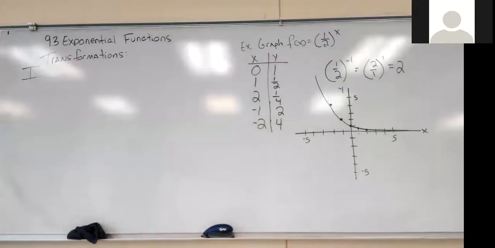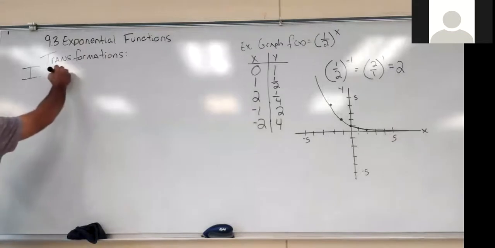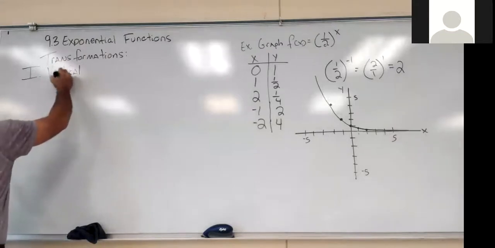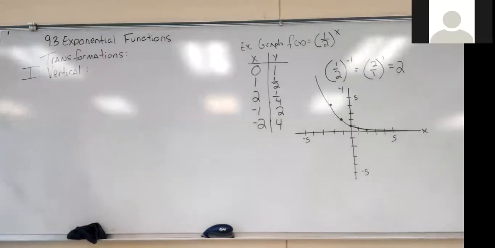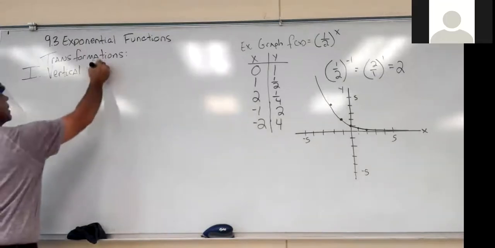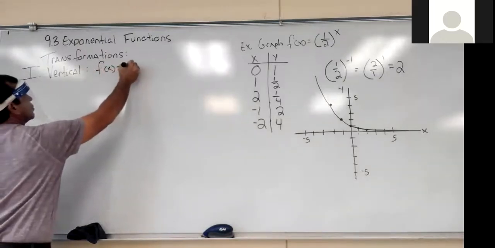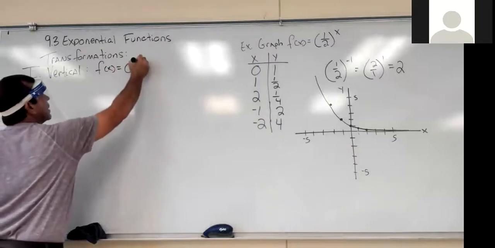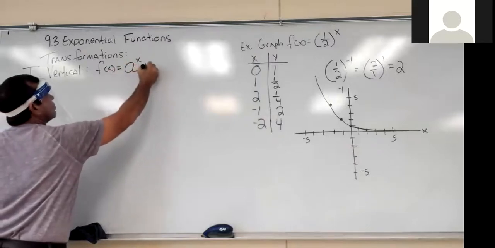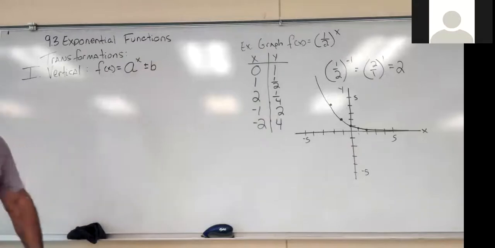So we're still going to do a vertical transformation. When we get a vertical transformation, I'll have f of x equals a to the x plus or minus b. So I added numbers in the chapter, what was it, like 8.1?